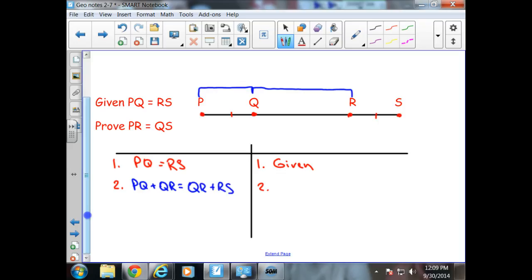We know that those two things are equal because we just added QR to both sides. So that's just the addition property.